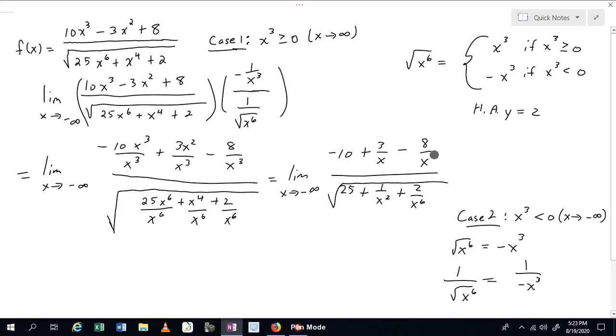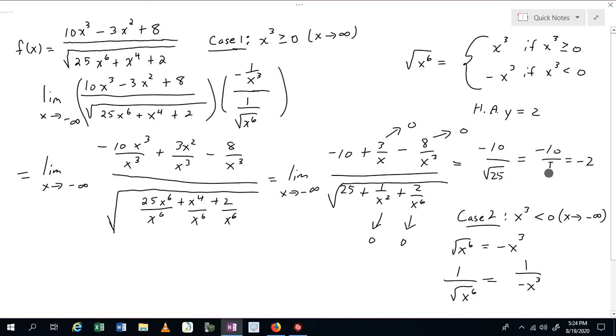And then let's see what this limit is as x goes to negative infinity. So this term here is going to head towards 0, and so is this one, and so is this one, and so is this one. And so it looks like the top is going to get closer to negative 10. And on the bottom, you're going to get closer to square root of 25. And so you end up with negative 10 over 5, which is actually negative 2.